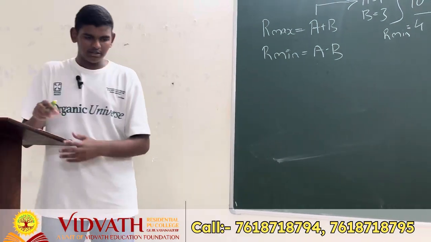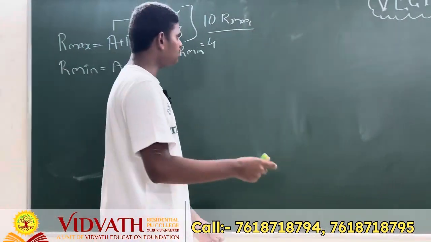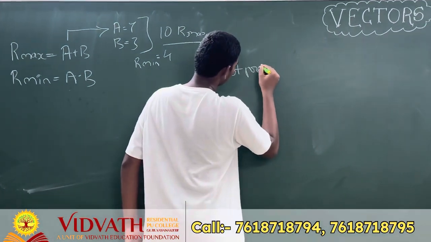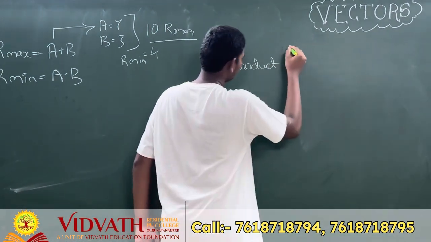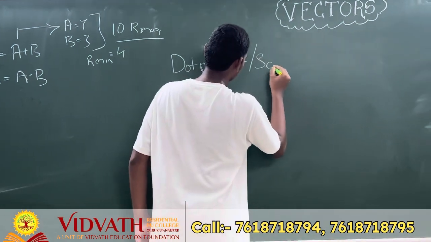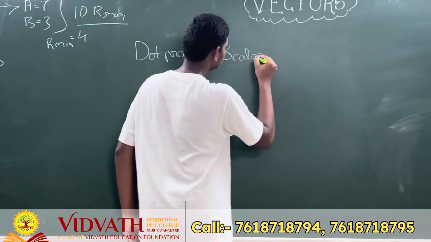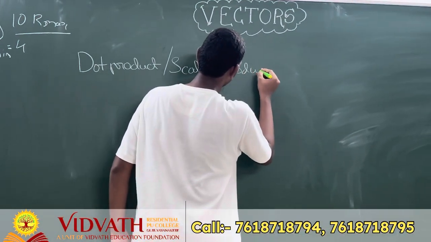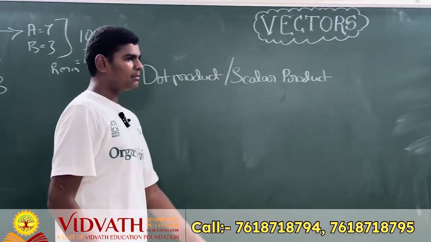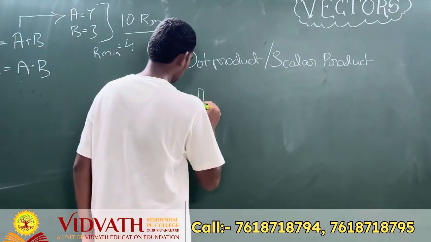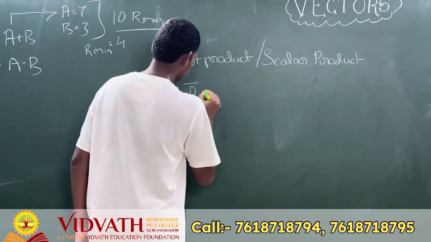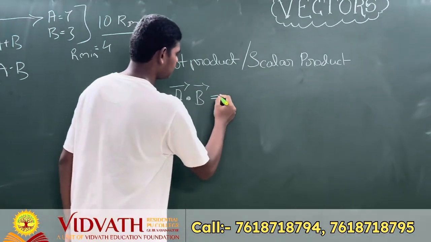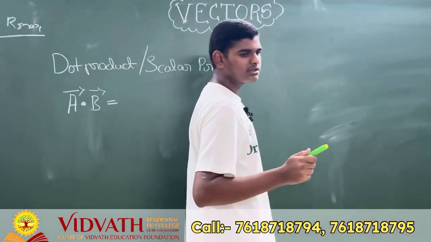So multiplication of vectors starts with dot product, also known as scalar product. What happens in dot product is vector A being multiplied with vector B. What does this give us?